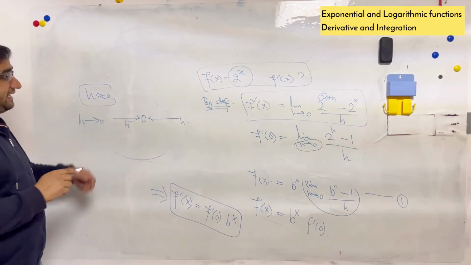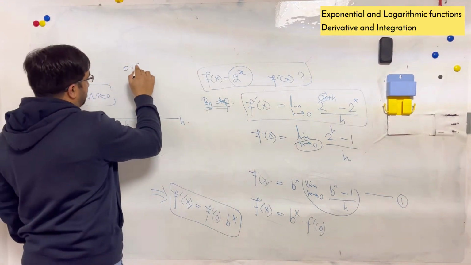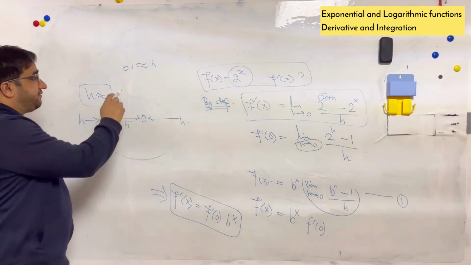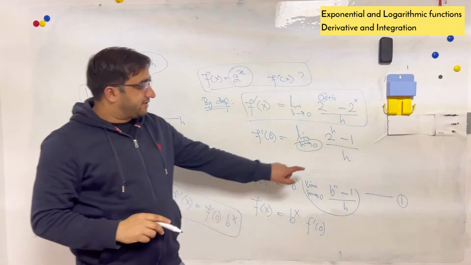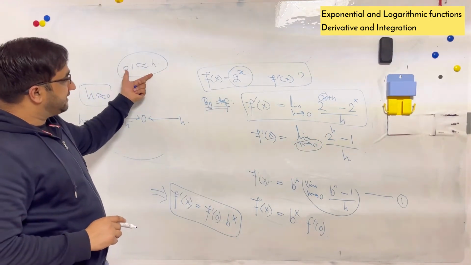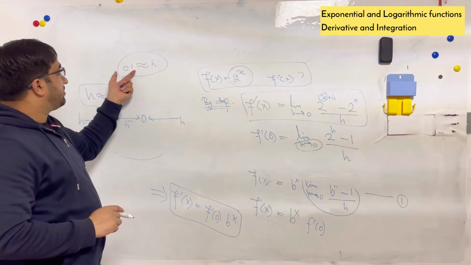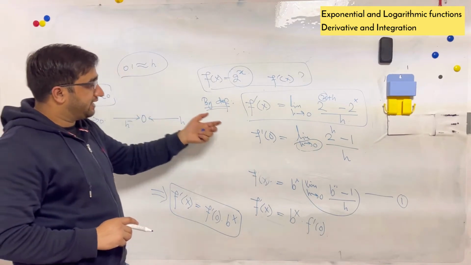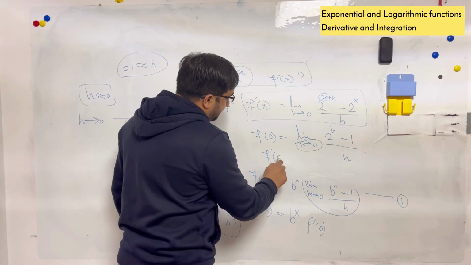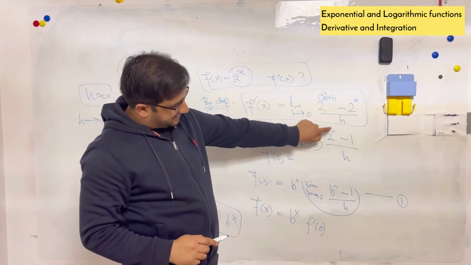So if I take any number, suppose 0.1, then I can always say that 0.1 is approximately equal to 0. If you assume this number h is equal to 0.1, and you are telling me that the limit h is approaching 0 such that h is approximately 0.1, you put this number into this formula instead of h equals 0.